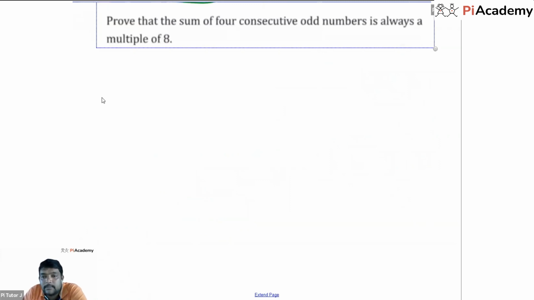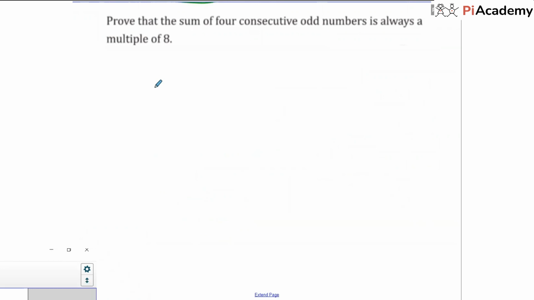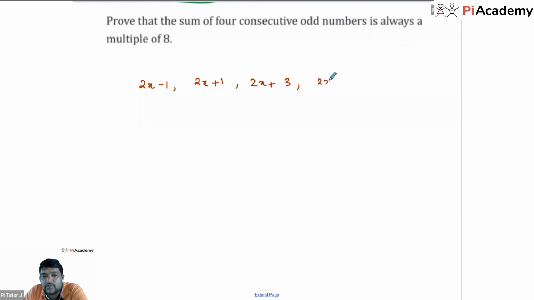Let's take the odd numbers as 2x minus 1, 2x plus 1, 2x plus 3, and 2x plus 5. Can I do that? These are the 4 odd numbers. Now is it 1, 3, 5, and 7?